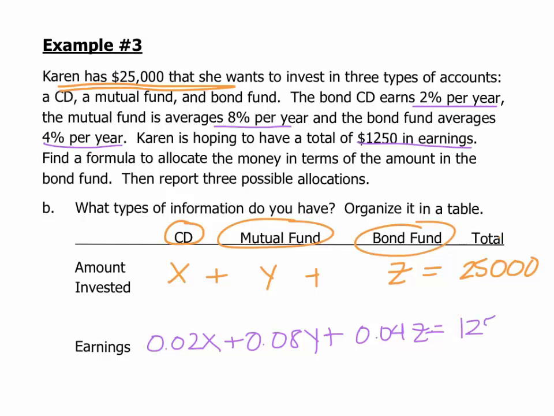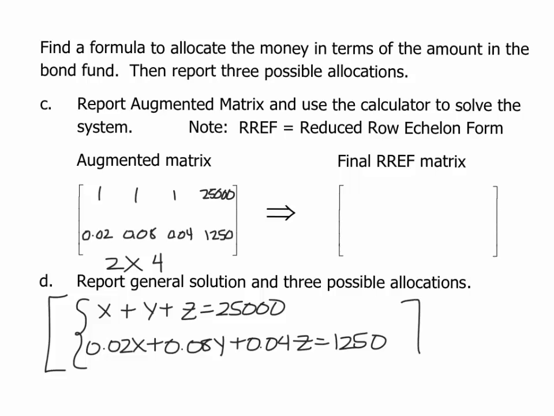These need to total to $1,250. We don't have any more information. We aren't given a relationship between how much needs to be in each of the accounts. These are the only types of equations that we're given. We are not going to be able to find a unique solution because I've got three different variables and only two equations. Here is my system of equations.